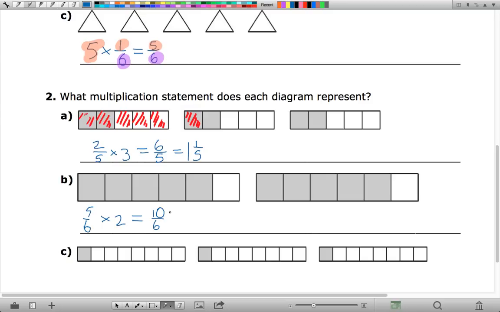Now, it would be easier for us to deal with this if it were a little bit simpler. We can simplify by dividing the top and the bottom by the same number. In this case, it's 2. And this gives us 5 thirds. We can also write this as 1 2/3 if we want it as a mixed fraction.